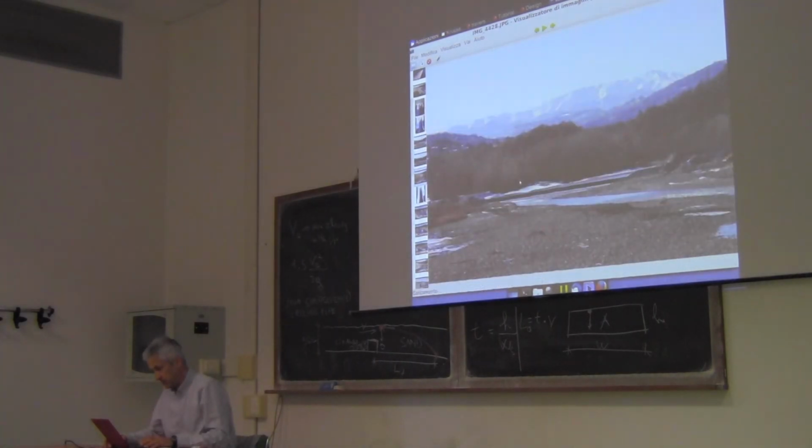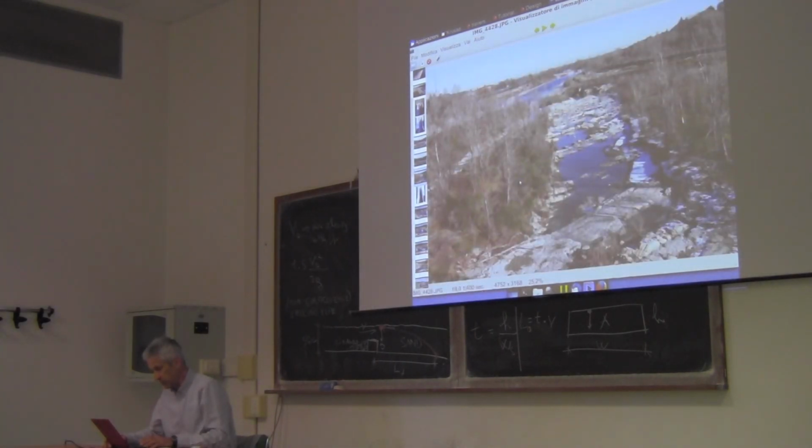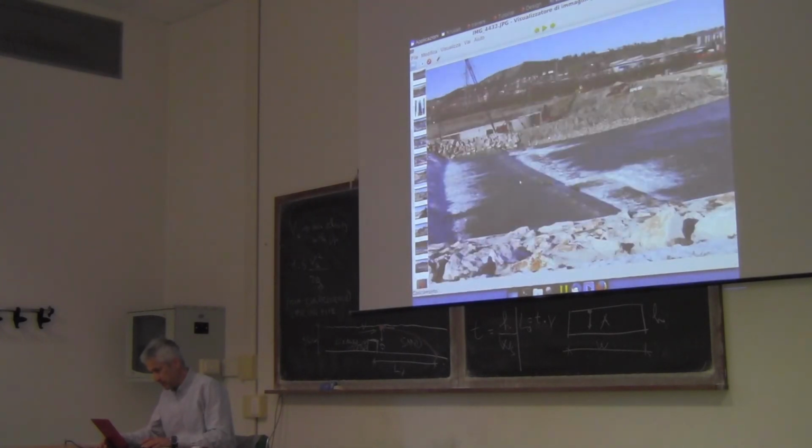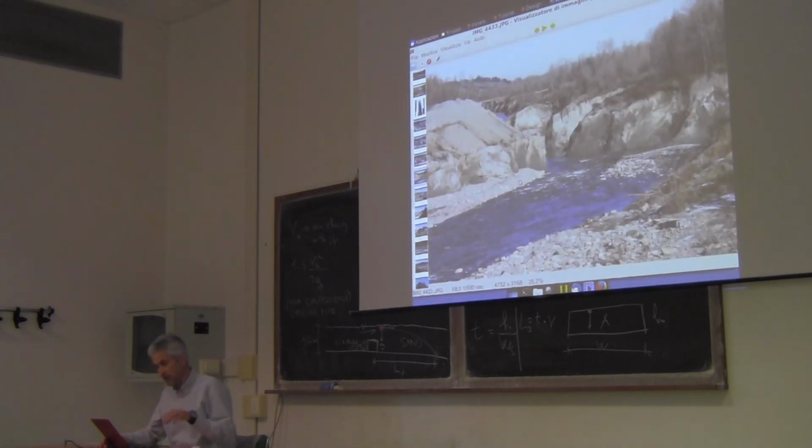There are interesting pictures because if you look downstream, you see what happened. The bedrock is emerging because the barrage trapped all the sediments upstream. Indeed, they collected upstream of the barrage in 10 years about 1 million cubic meters of sediments, which is a huge amount. And downstream, the bedrock emerged and a canyon originated.